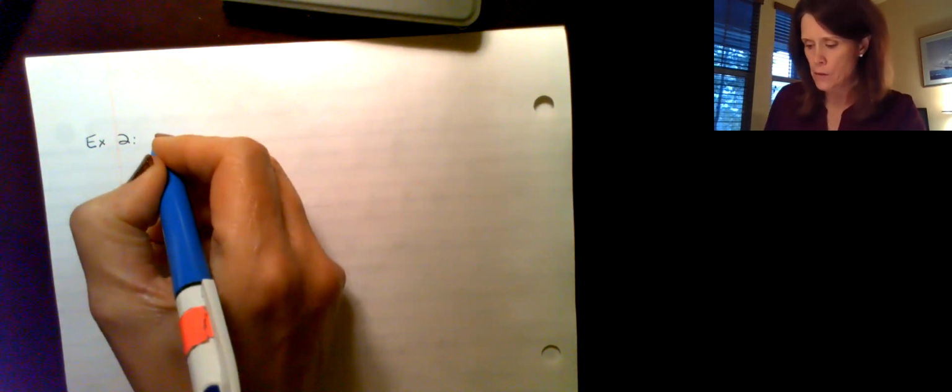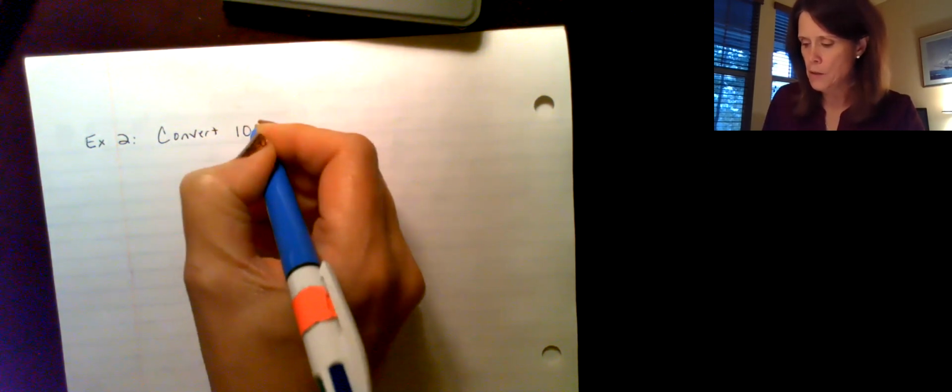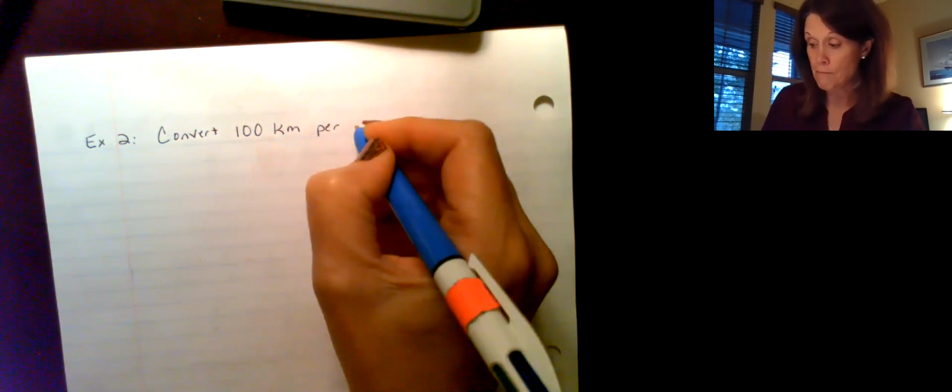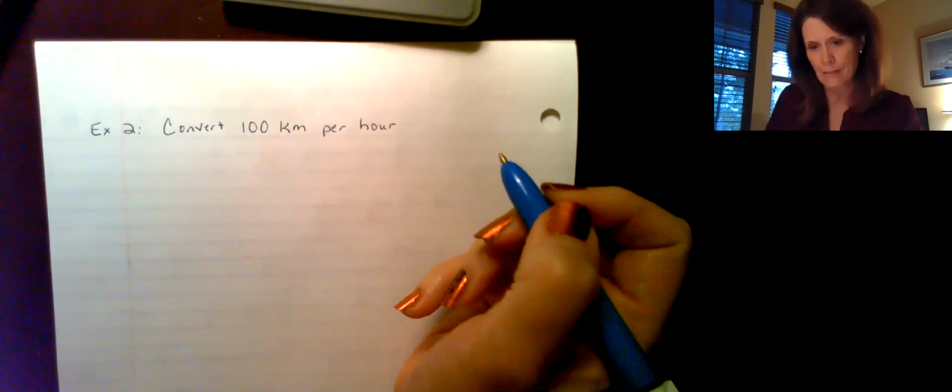Let's do a second example. So example 2. We are going to convert 100 kilometers per hour. Now we have a rate, and instead of writing it over here, I'm going to write it underneath.